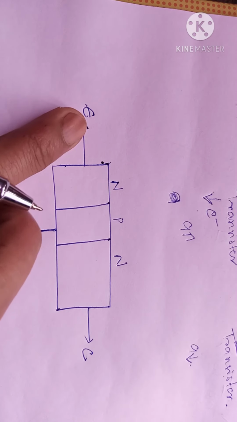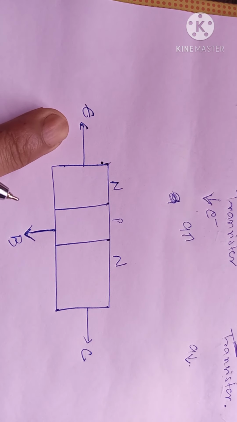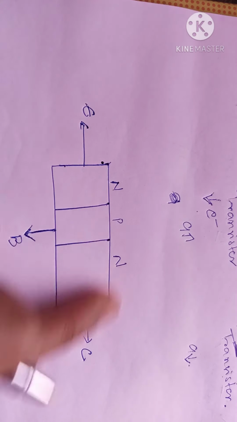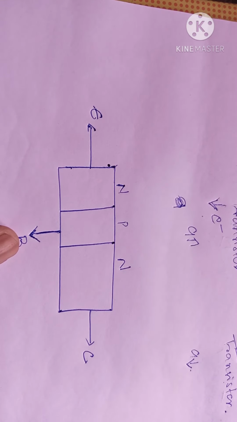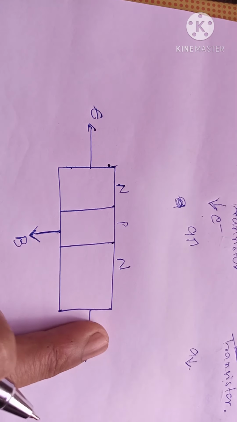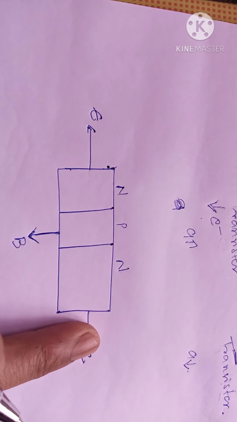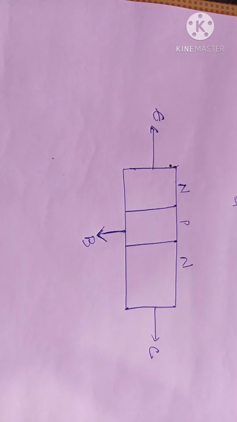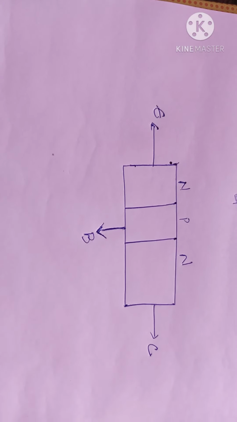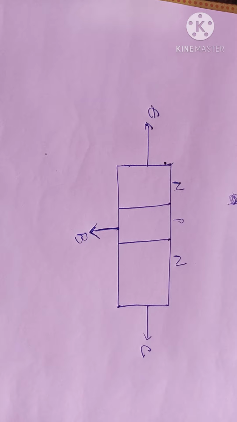Similarly, the emitter can be common with the collector or base. In the same way, the collector can be common with the base as well as the emitter. So there are different kinds of possibilities available with these devices.